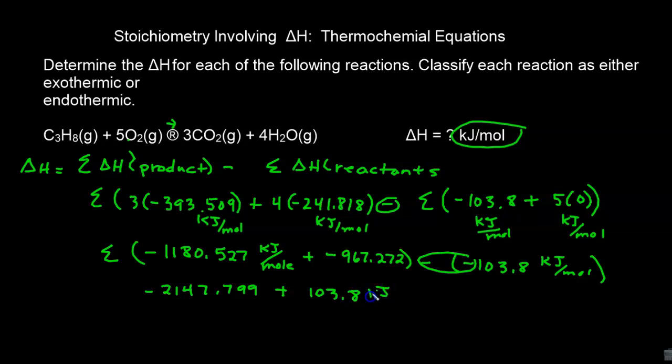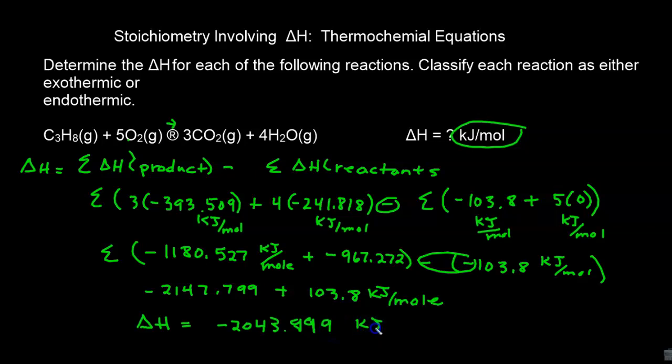Again, my label for everything is kilojoules per mole on that. And then let's put those 2 numbers together and see what we get. And so I get a total as my delta H answer as being a negative 2,043.9 or so.